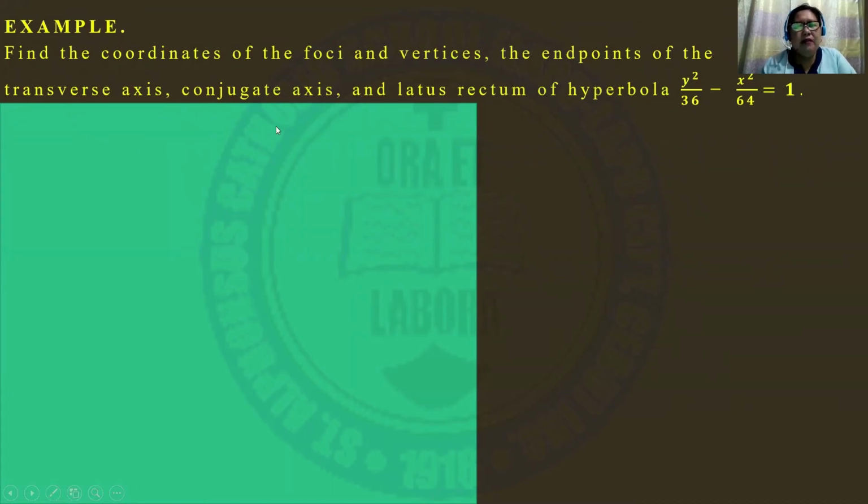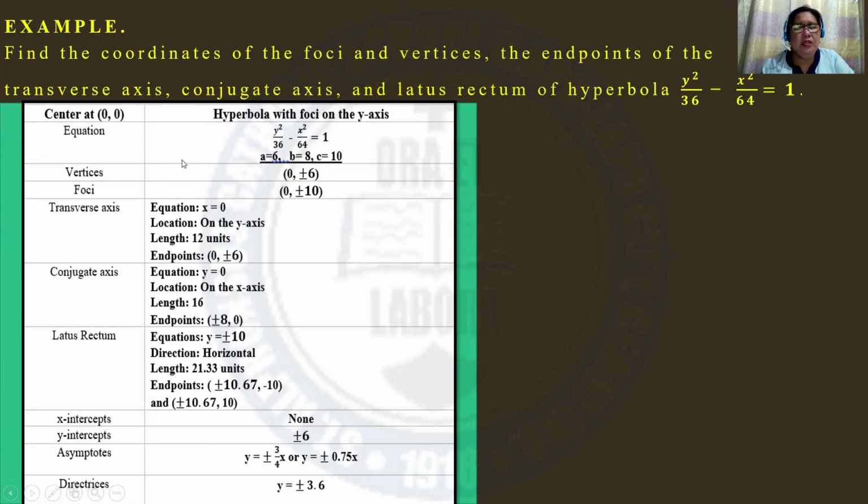Next, let us have an example. Find the coordinates of the foci and vertices and the endpoints of the transverse axis, conjugate axis, and latus rectum of the hyperbola y squared over 36 minus x squared over 64 is equal to 1. By substituting the values of a, which is 6, b is 8, and c is equal to 10, these are the corresponding values.